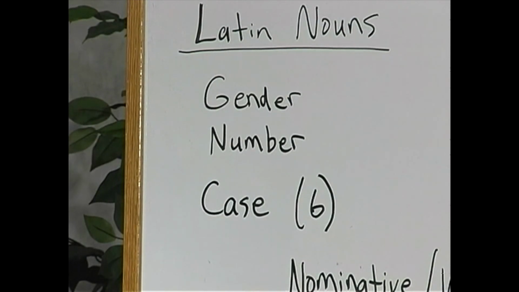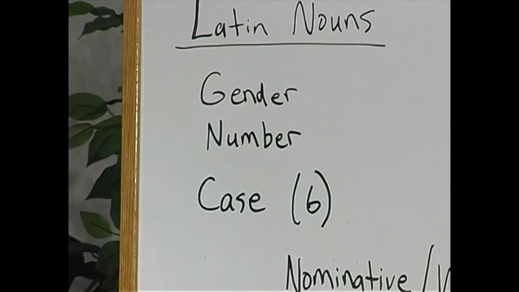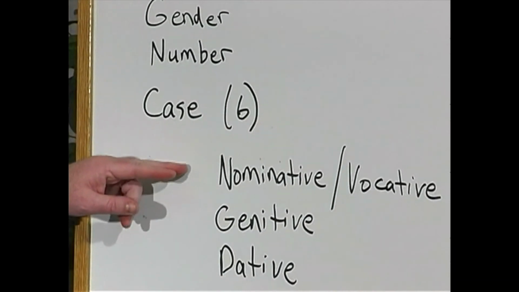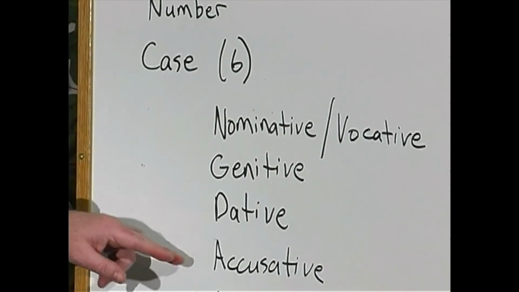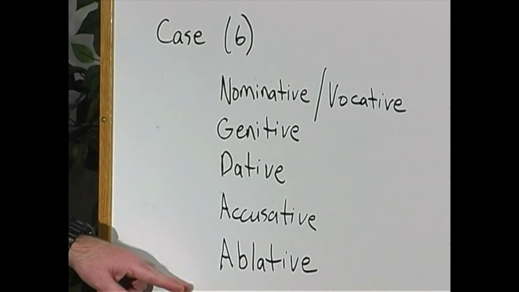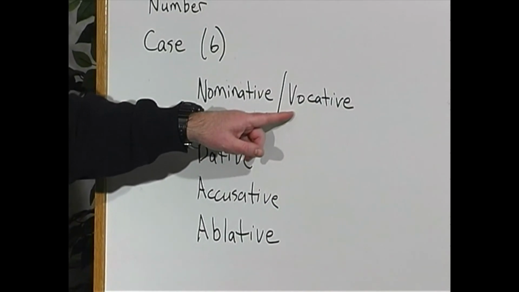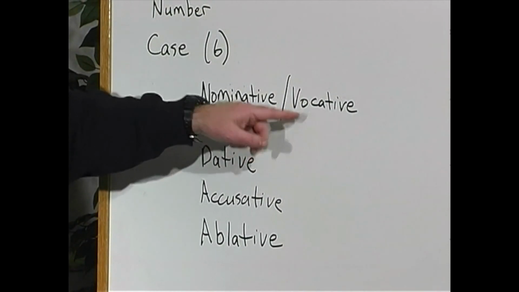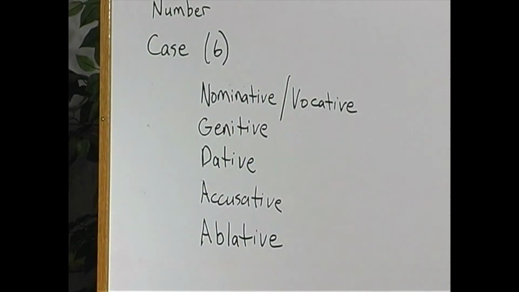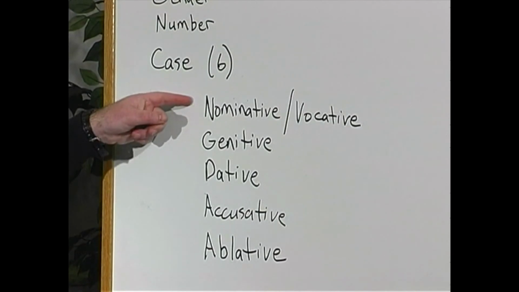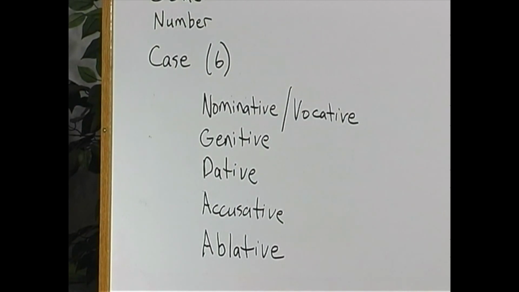Latin nouns are found in 6 cases, and they are nominative, genitive, dative, accusative, and ablative, and vocative. I've put the vocative up here by the nominative because in all declensions, with one exception, the nominative and the vocative form are identical.